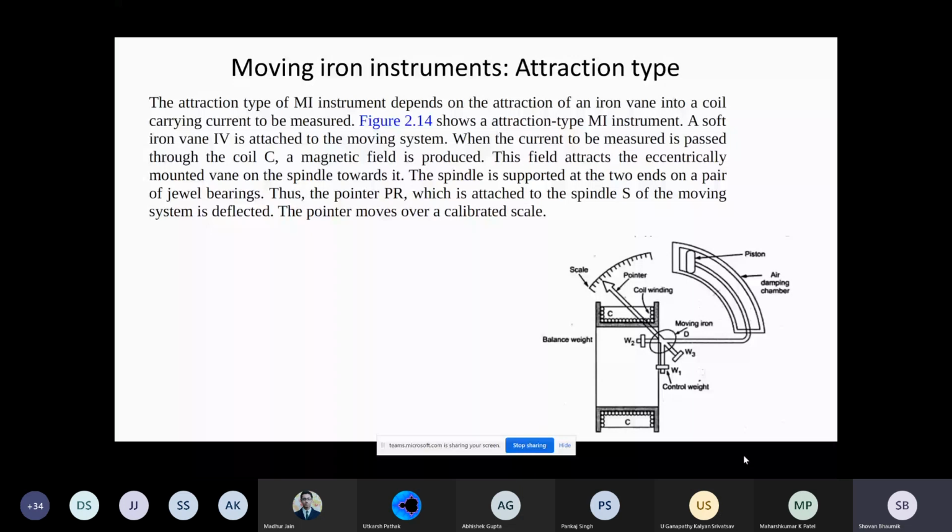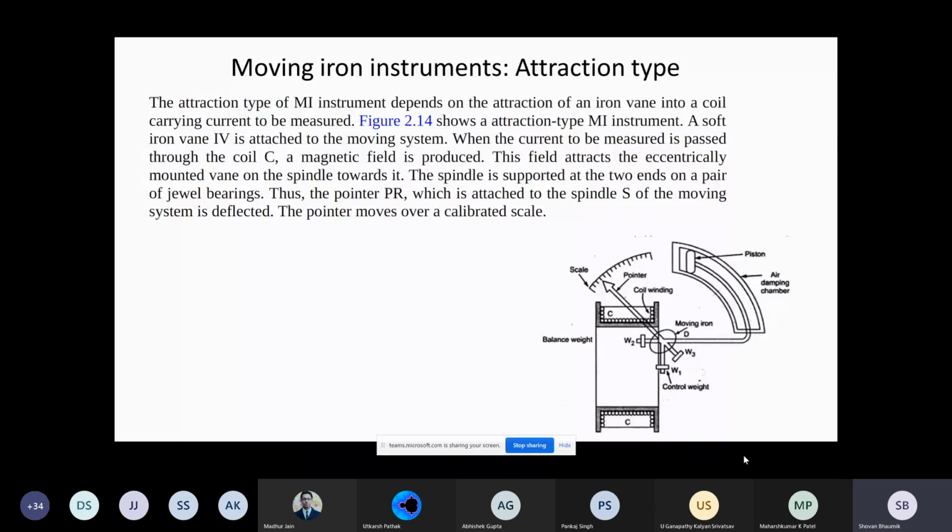So when the current to be measured is passed through the coil C of the coil winding, a magnetic field is produced, and this magnetic field will attract the iron vein, or there will be eccentricity where it will attract the iron vein spindle towards it, and the spindle is supported at the two ends on a pair of jewel bearings.